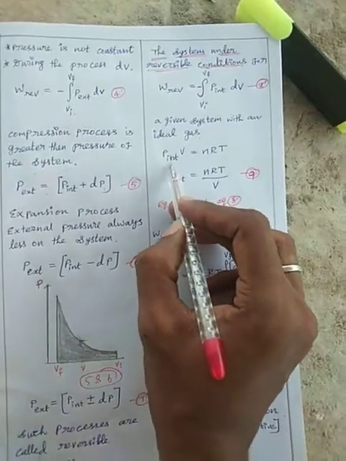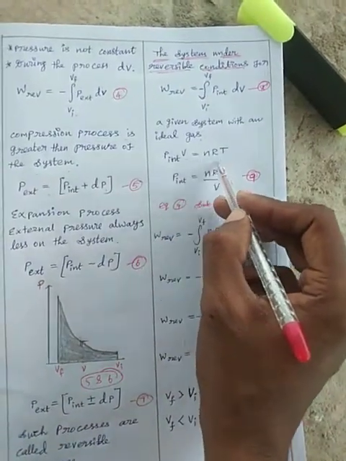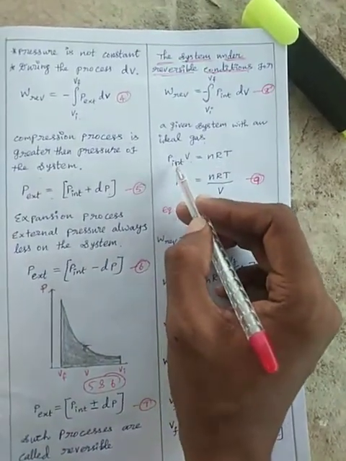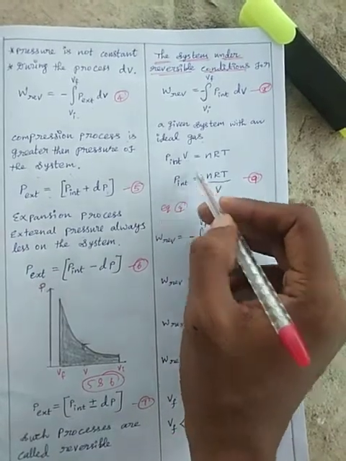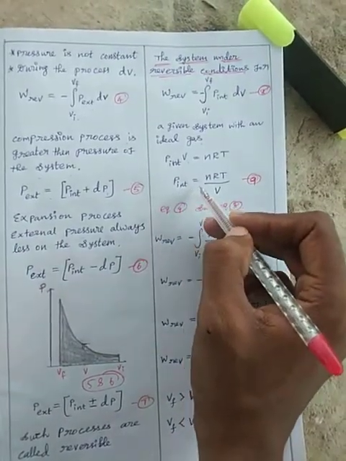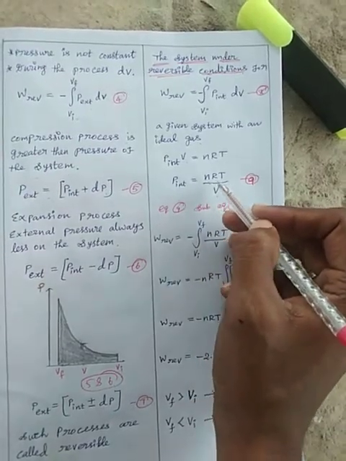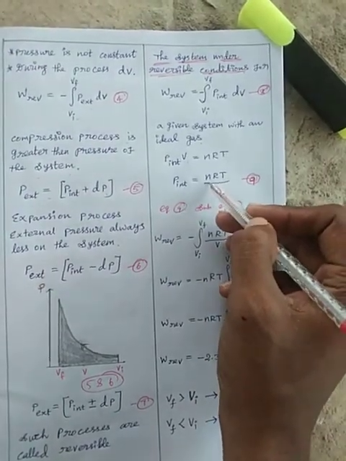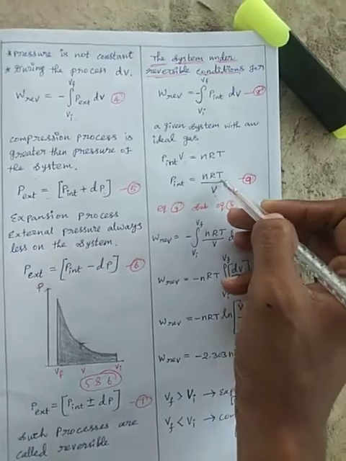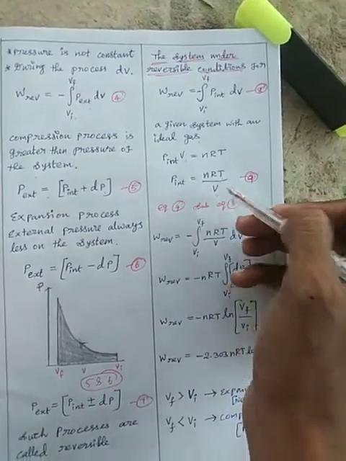So P internal times V equals nRT, and P internal equals nRT divided by V, where n is the number of moles, R the gas constant, and T the temperature.